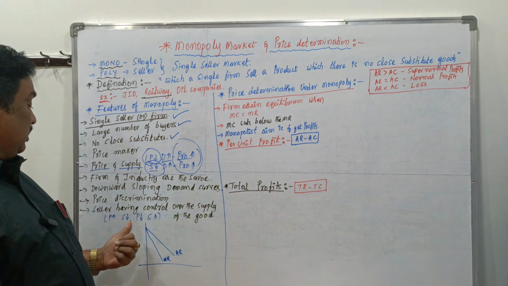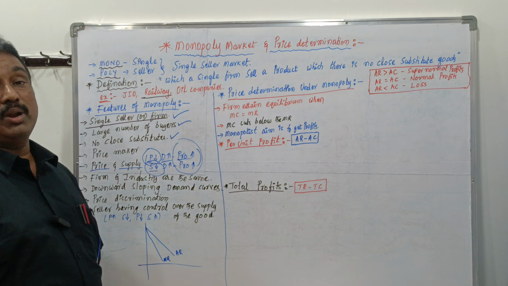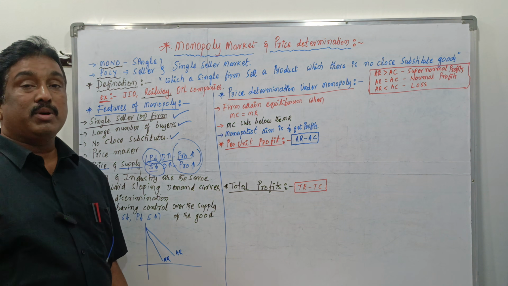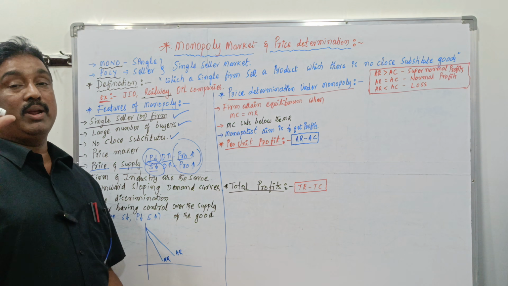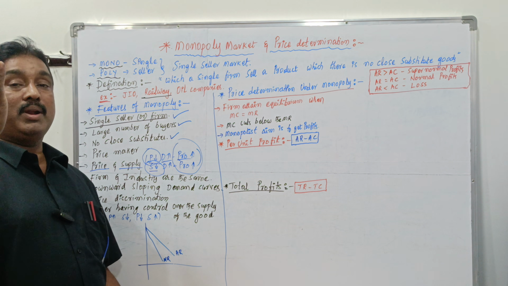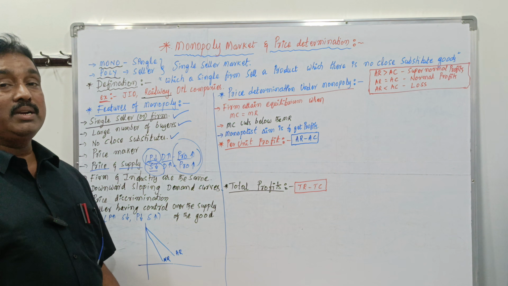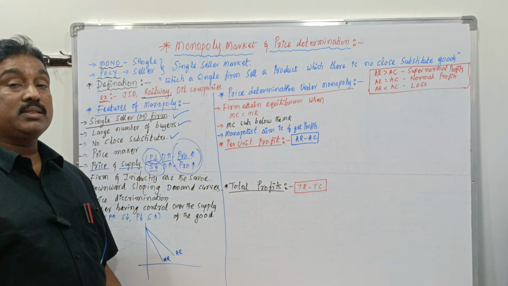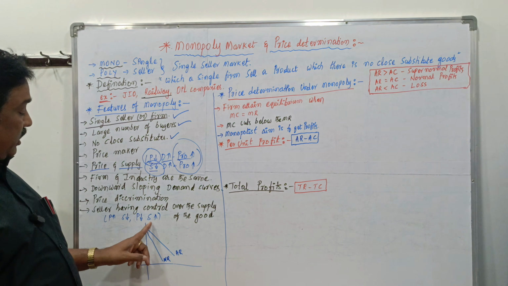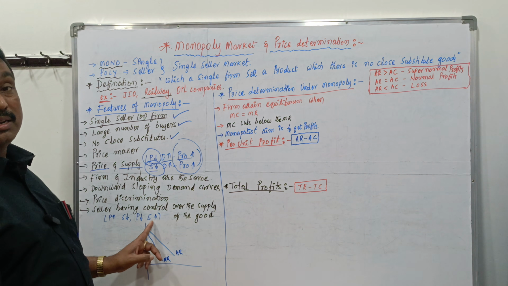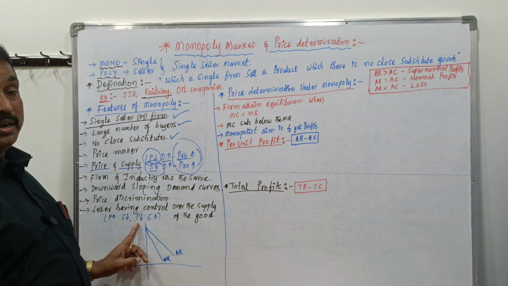Do you understand that? Here is another one: the seller has control over the supply. Generally in the monopoly market, the seller has control only over the supply. Sometimes they want to increase their supply, sometimes decrease it. For example, if the seller wants more sales in the market, they can decrease the price of the commodity.